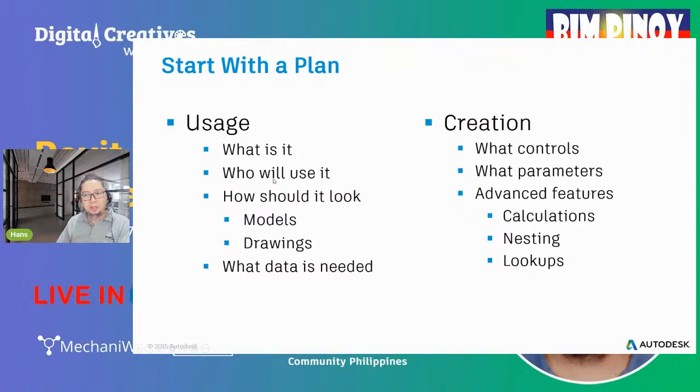Who will use it? Who should look at it? What will it look like, and how will it be presented in your model or in your drawings? And what data is important? What is needed in that?